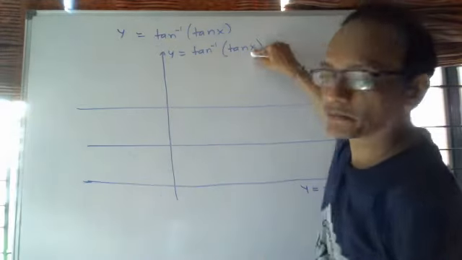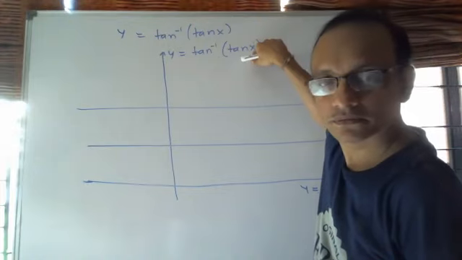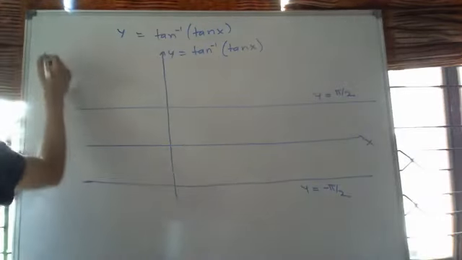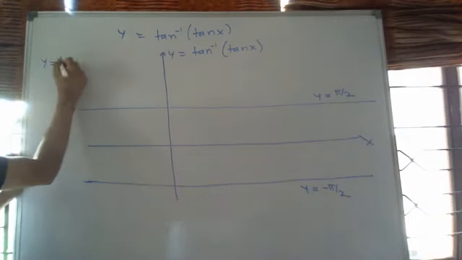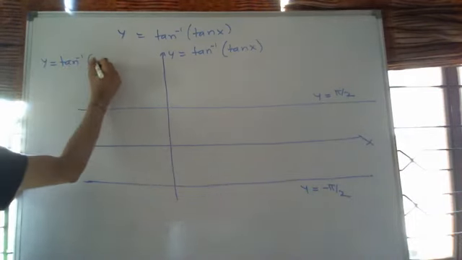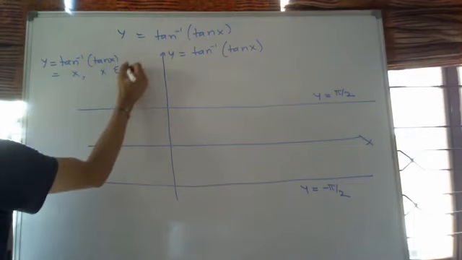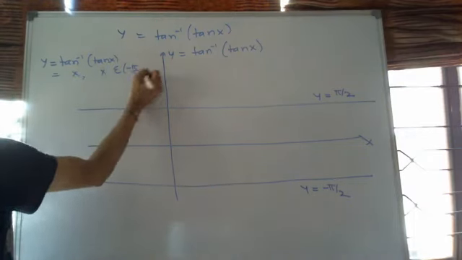X can be any real number, but when y is tan inverse tan x, it will turn out to be equal to x when x belongs to -pi by 2 to +pi by 2, okay?